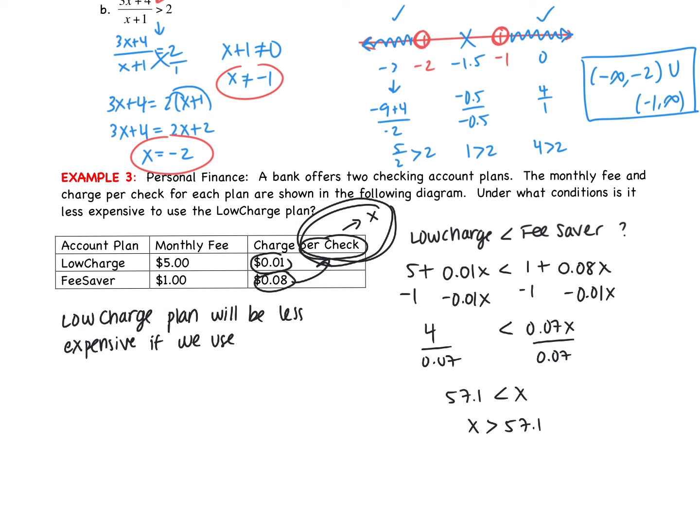So if we have to be greater than 57.1, we have to use at least 58 checks per month. Because again, it's greater than 57.1. The next highest above 57.1 that's realistic is 58. So 58 checks per month.